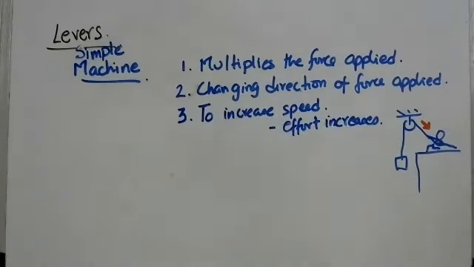Traditionally in physics, we start the study of machines by studying some simple machines, and the simple machines are some of the oldest devices that we have been using, some hundreds of years old, some perhaps thousands of years old, and some may go back to prehistory.